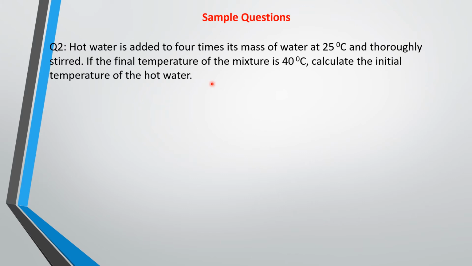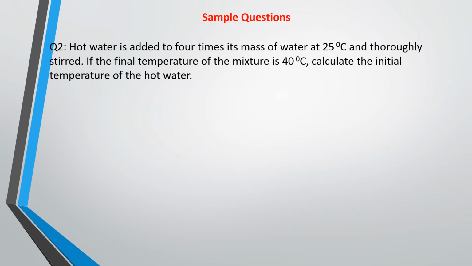It says that hot water is added to 4 times its mass of water at 25 degrees centigrade and thoroughly stirred. If the final temperature of the mixture is 40 degrees centigrade, calculate the initial temperature of the hot water.